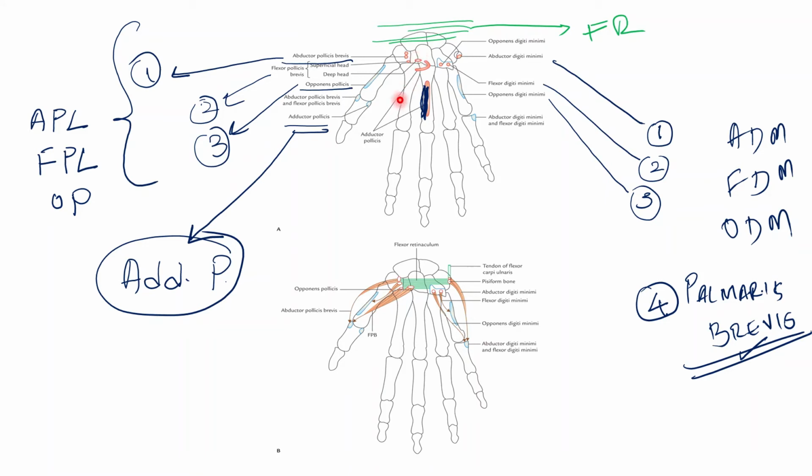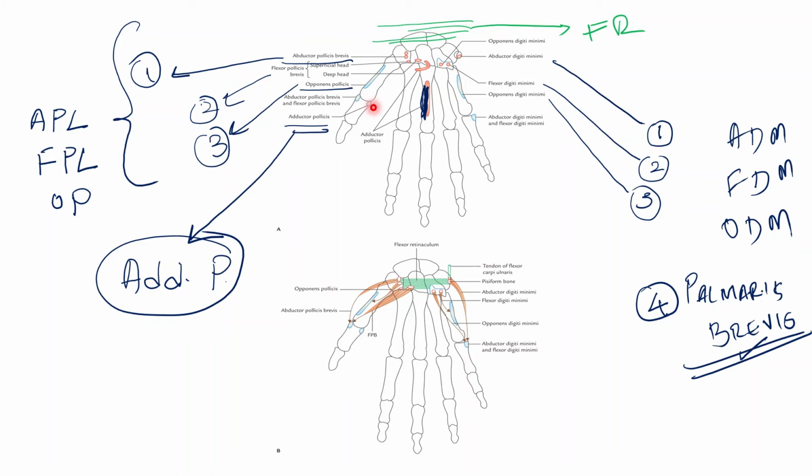From the transverse head and the oblique head, the muscle fibers are directed laterally and they get inserted. The adductor pollicis gets inserted onto the base of the proximal phalanx of the thumb, that is over the ulnar side, the ulnar or medial side of the base of the proximal phalanx of the thumb.